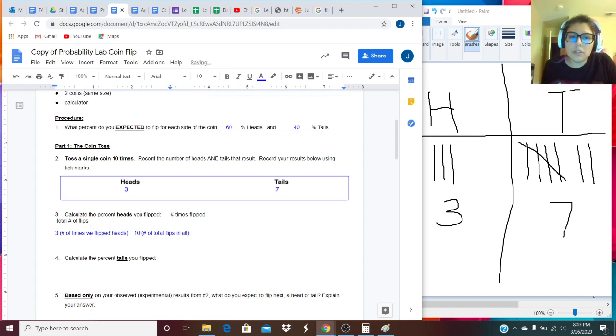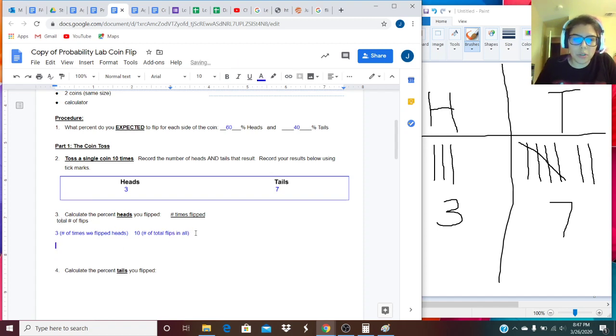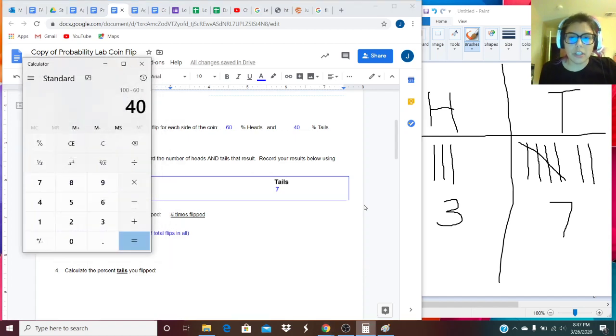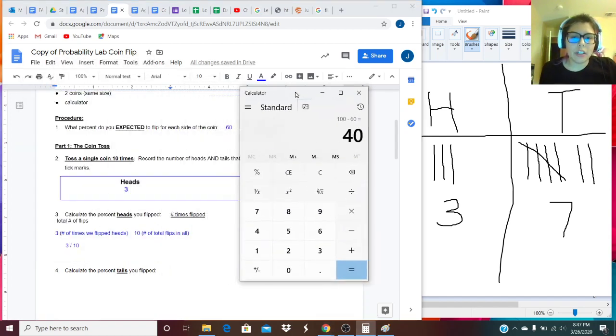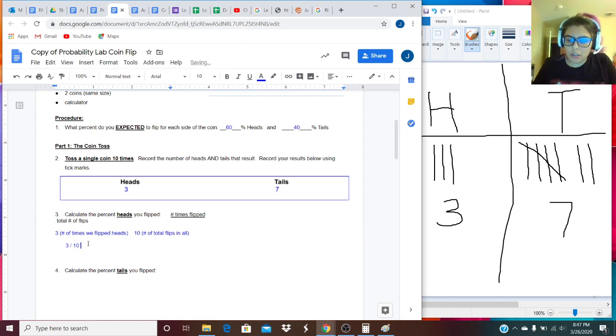So what do I do with those numbers? Well, I'm going to show you the math. So here it is. I'm going to do 3 divided by 10. Miss Smith, do I need to show my work? Absolutely you do. So in the calculator, I'm going to do 3 divided by 10, and that's going to give me 0.3.